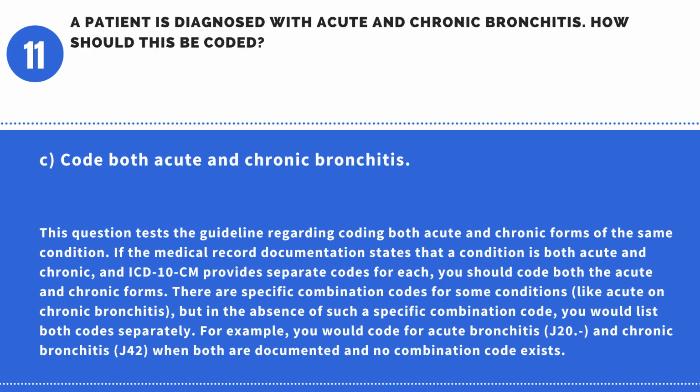There are specific combination codes for some conditions, like acute on chronic bronchitis, but in the absence of such a specific combination code, you would list both codes separately. For example, you would code for acute bronchitis, J20, and chronic bronchitis, J42, when both are documented and no combination code exists.